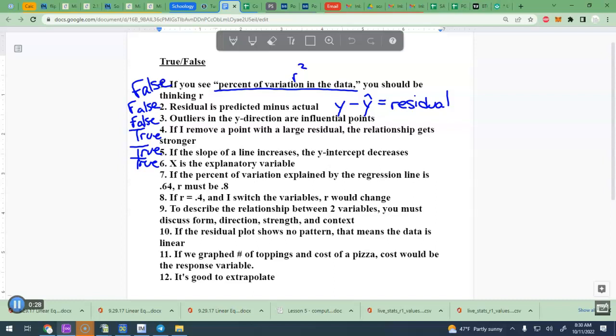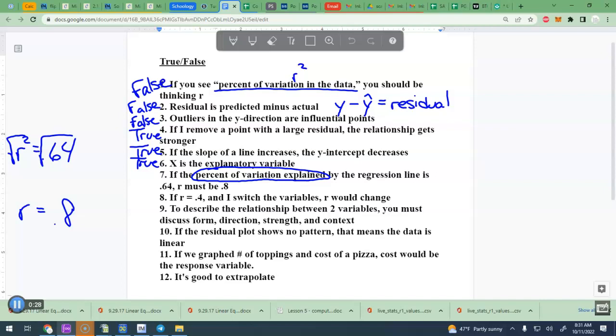7 is the one that I'm guessing might have tripped some people up. Even if you knew this, percent of variation explained, that's R squared, you're feeling really good about yourself because you recognize that. Okay, now I have to get to R. How do I go from R squared to R? You square root it, and then a bunch of people will tell me it's 0.8 for sure. The tricky thing is there are actually 2 square roots of any number. Like the square root of 9 is 3 and negative 3.